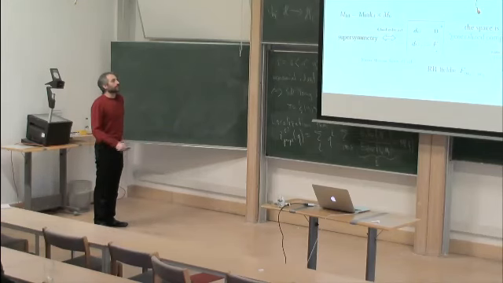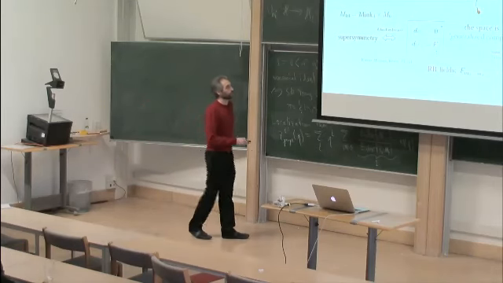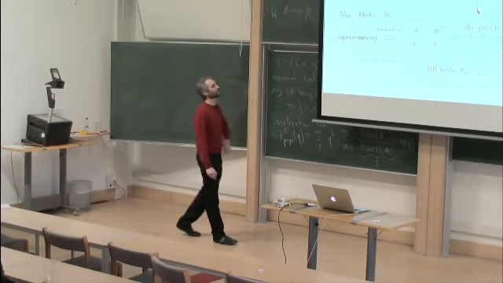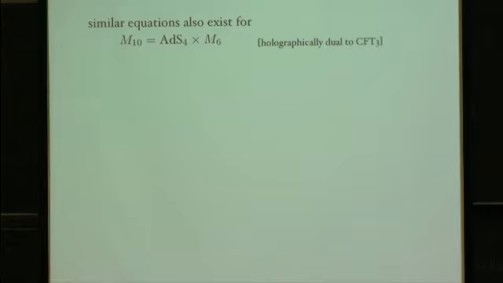And F, finally, are just the Ramond fields, which are also, locally, differential forms. And hence they're also antisymmetric. They fit very well into the scheme. Now, similar equations also exist for the case where the factorization has an AdS factor instead of a Minkowski factor.